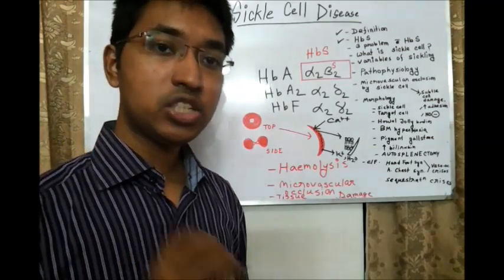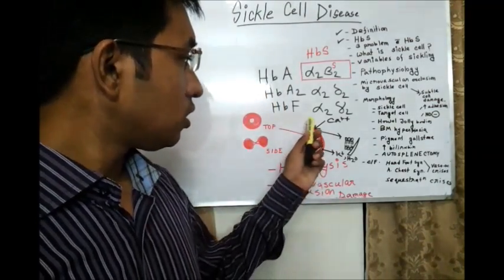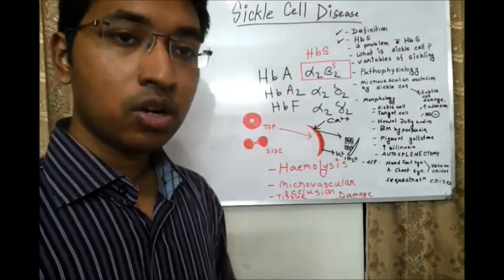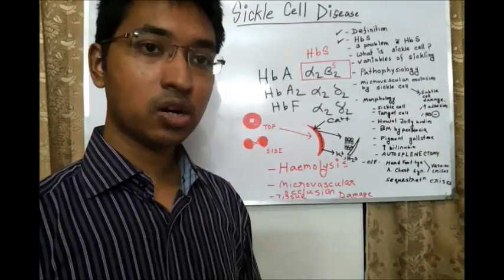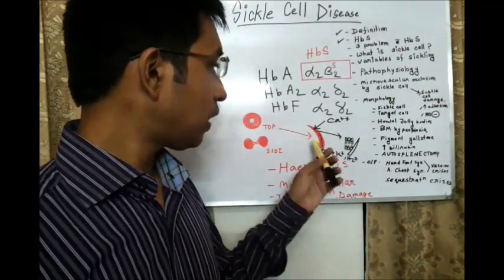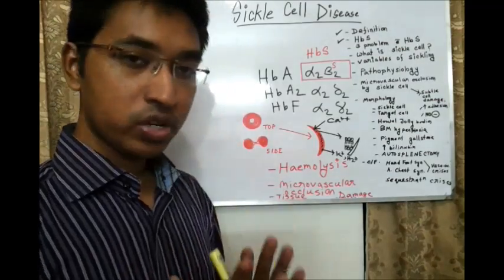It will become more rigid. And the problem with that thing is that this particular rigid cell will be unable to pass out through the splenic circulation. Okay, so they will get stuck in the splenic circulation when they are too much rigid.